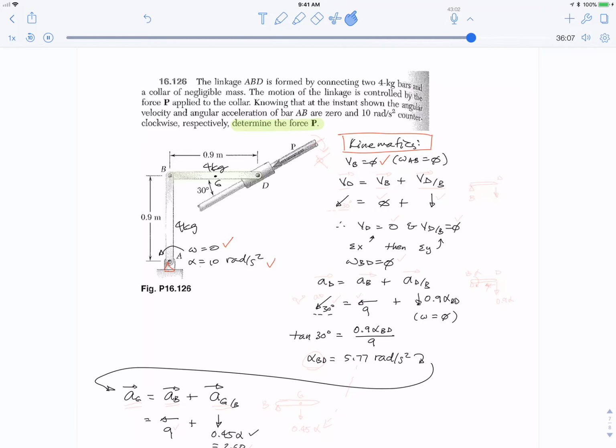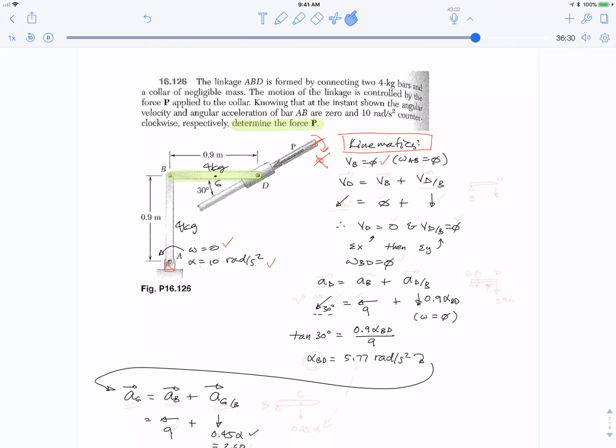Okay, so next, what we want to do is we're now going to use the relative motion looking at bar BD. Okay, so we can see that D is sliding on this rod here, but we don't have the rotating axes things because this rod here is not rotating. It's just staying still.